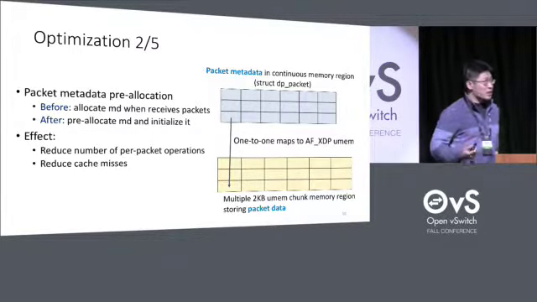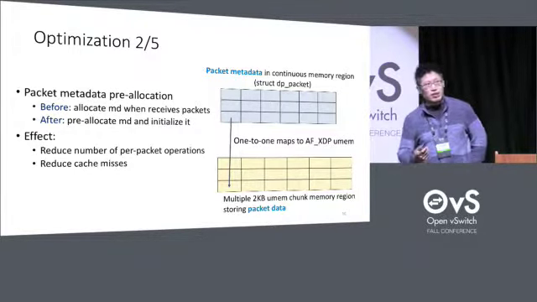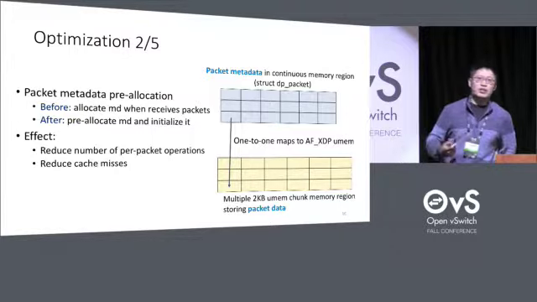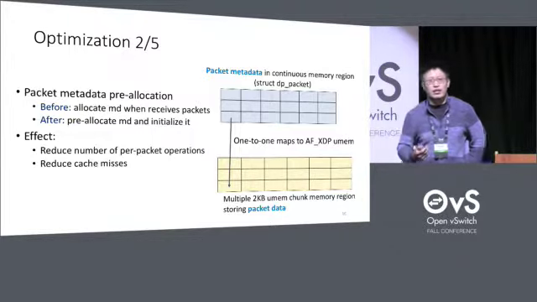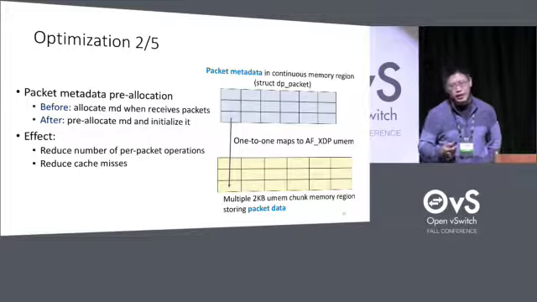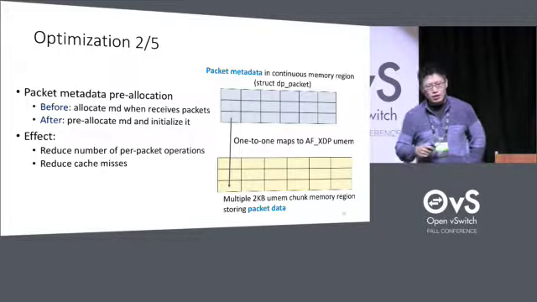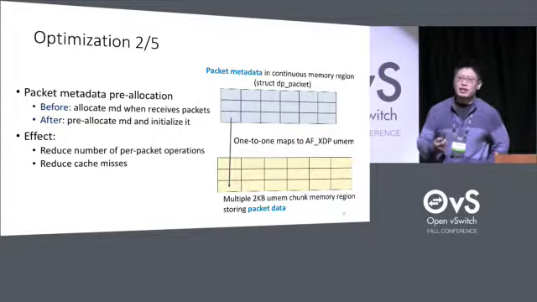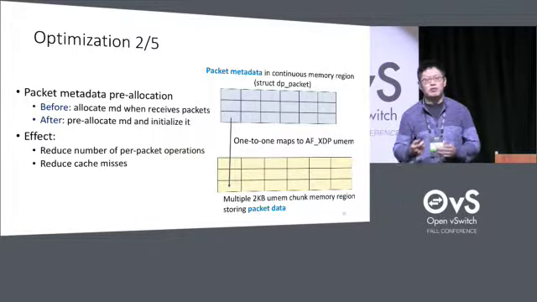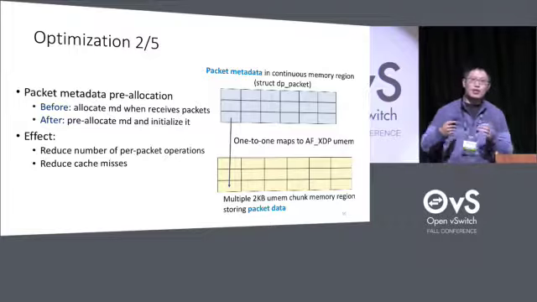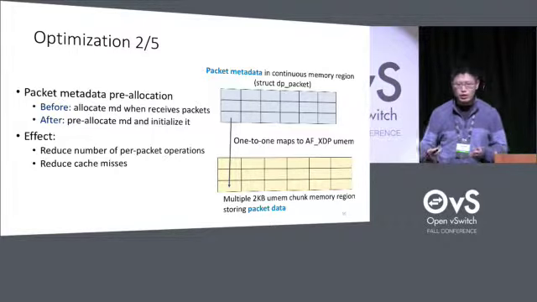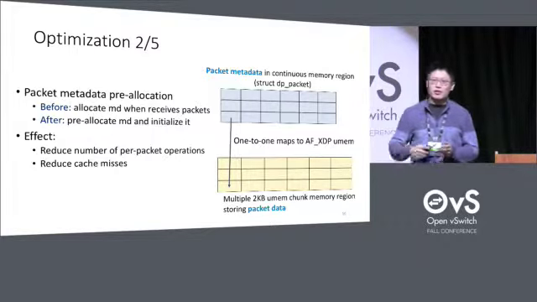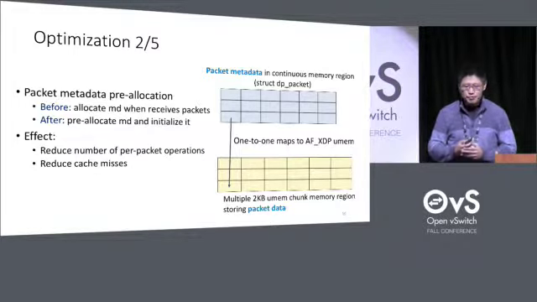The second optimization is that for every packet I/O coming into OVS, we need metadata. In our case, it's a struct dp_packet. So we try to do memory allocation and metadata initialization as much as we can. We do dp_packet pre-allocation and pre-initialize all the dp_packet fields.